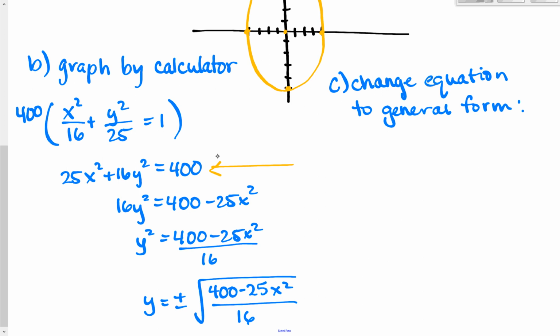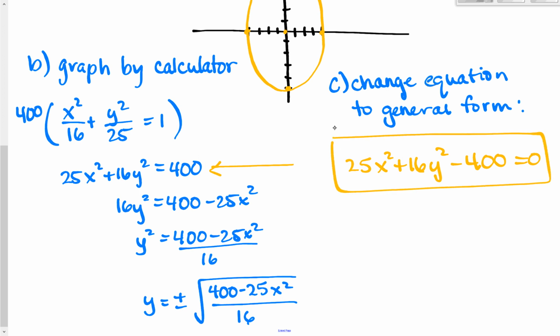We're just going to finish the work. So we have 25x squared plus 16y squared minus 400 equals 0. There's general form. We've got the x squared term, we've got the y squared term. There is no x term, there is no y term. We've got the constant, we've got equals 0, and there are no fractions. Cool.